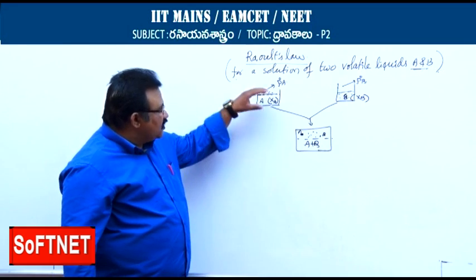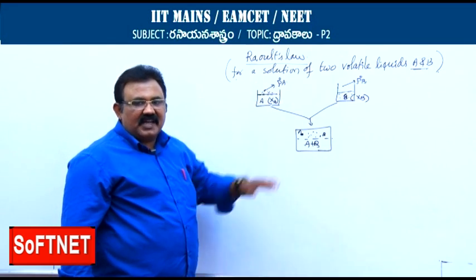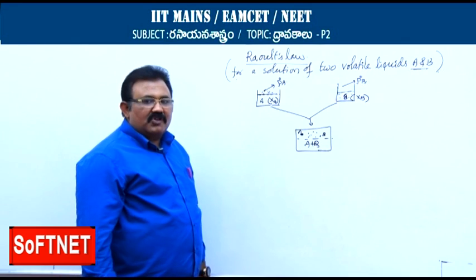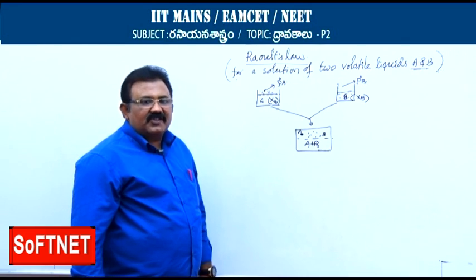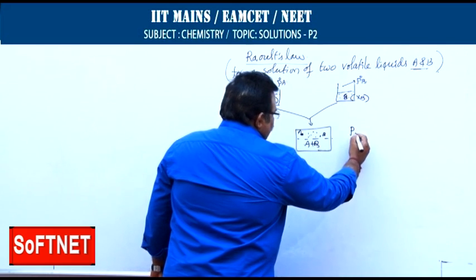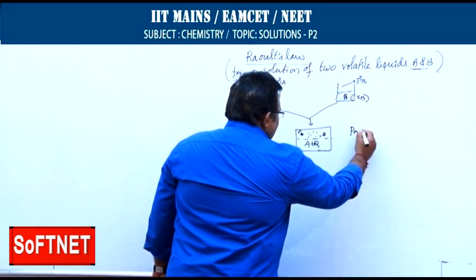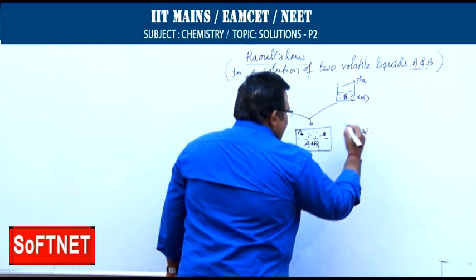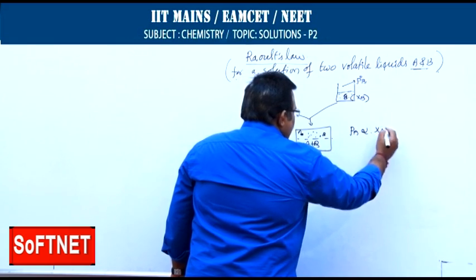Vapor pressure of each component in a liquid mixture is directly proportional to its mole fraction. For instance, PA is directly proportional to XA.